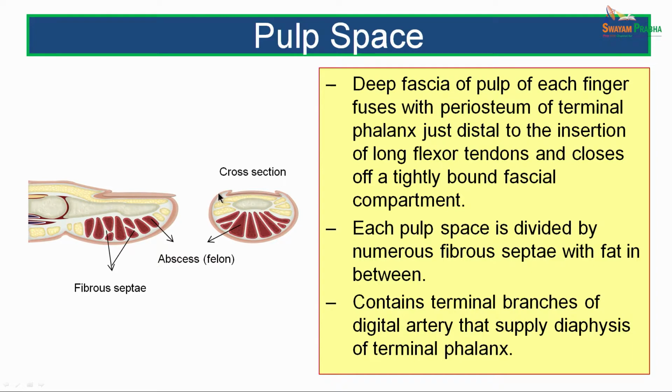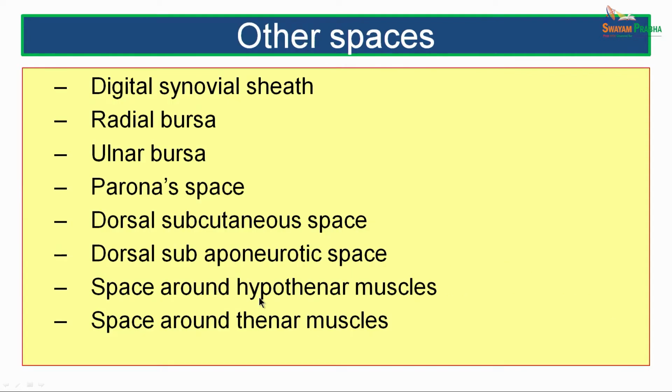The same is seen here in a cross section passing through the distal phalanx. These are the fibrous septae radiating from the skin and getting attached to the periosteum of the distal phalanx. So, the spaces between them are tight fibrous compartments filled with subcutaneous fat and the blood vessels. Now, we go on to see the other spaces.